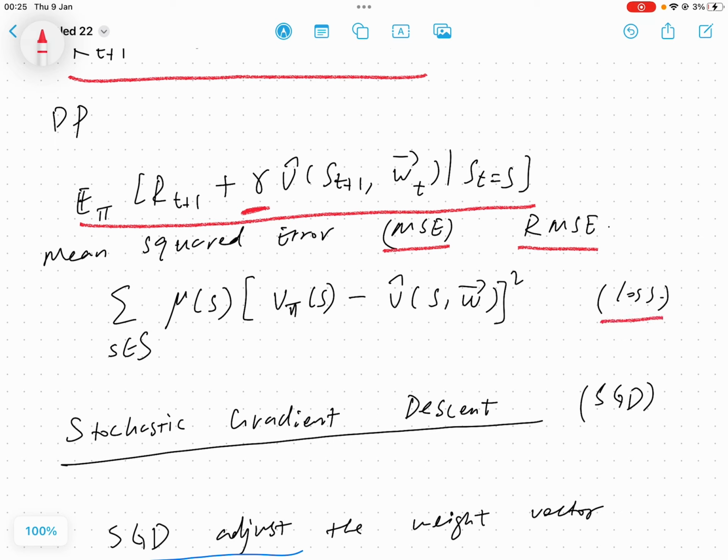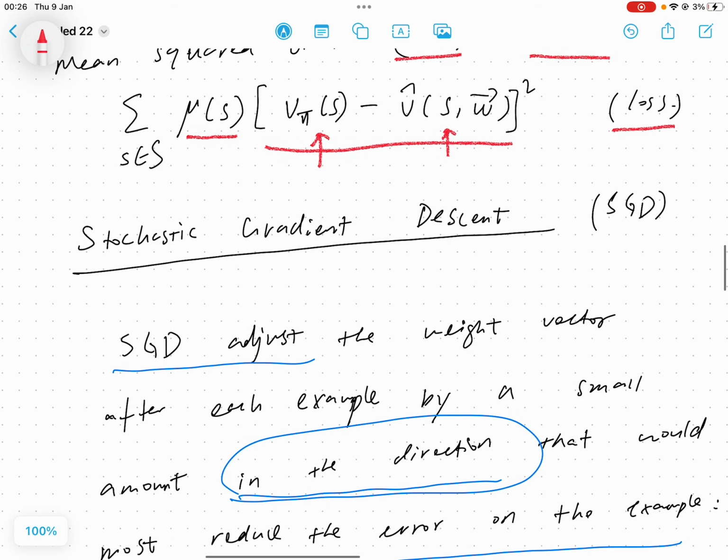We often refer to those errors as the loss, right? In MSE, we have the summation over all the states, and here we have mu of s, which is a distribution over s indicating the importance of different states. That is not very important, at least in this part. The important part is the square of this distance, which measures the difference between the target v pi and the one that we have for now, v hat, that we're going to use to approximate v pi.